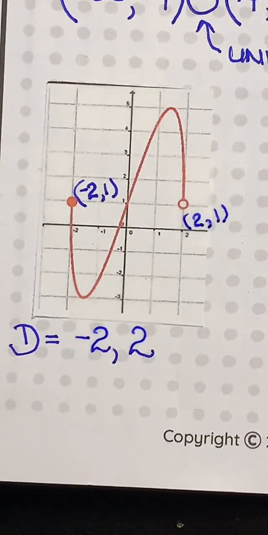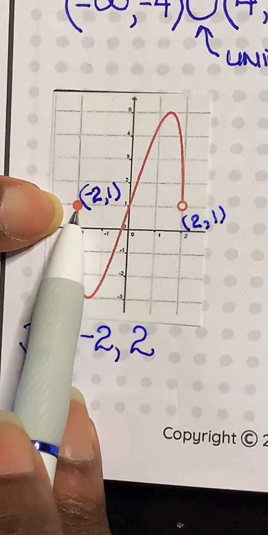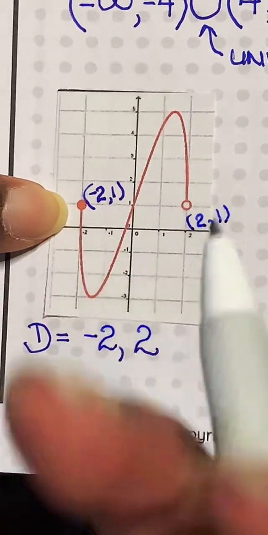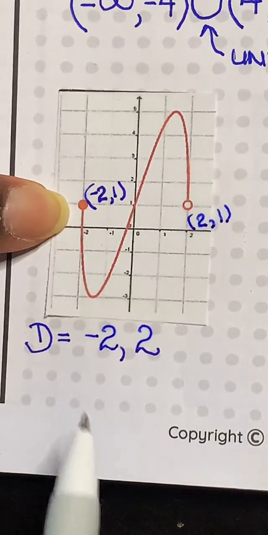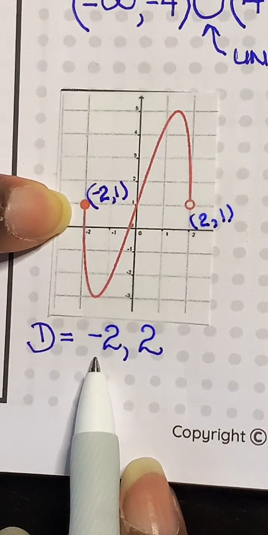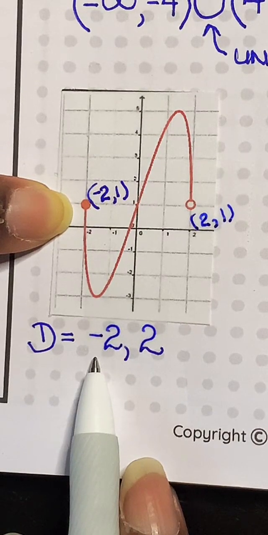All right. So now, at this -2, there's a solid dot. Dot means it's included. So am I going to put a parenthesis or a bracket at the -2? Bracket.